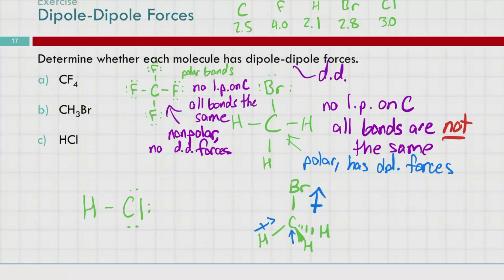And for each of these bonds between the carbon and the hydrogen, it's going to be partially positive. So these arrows are adding up. So we would expect to have partial negative up by the bromine and a partial positive down towards the hydrogens. The takeaway, though, it's polar. It has dipole-dipole forces.